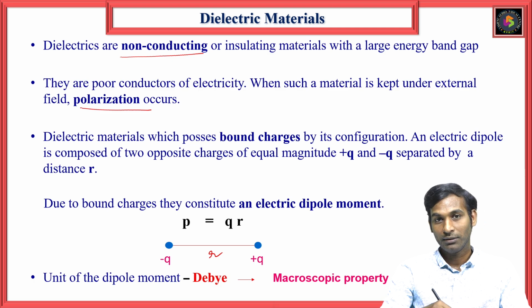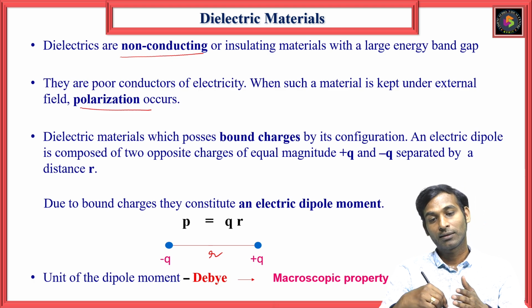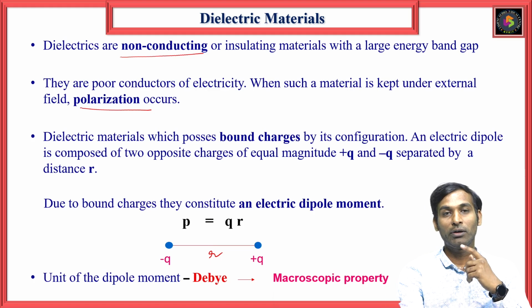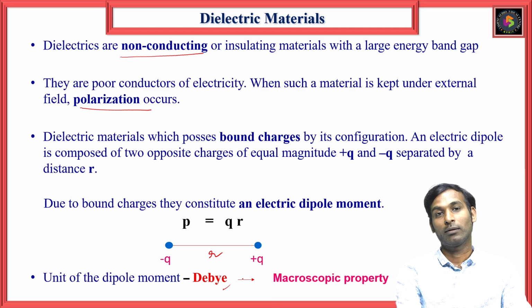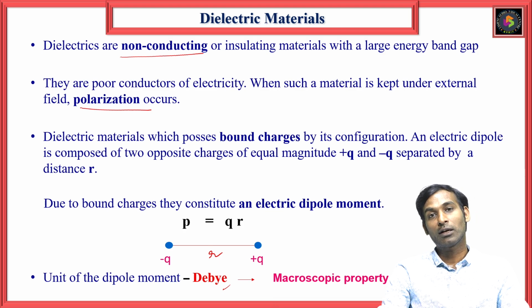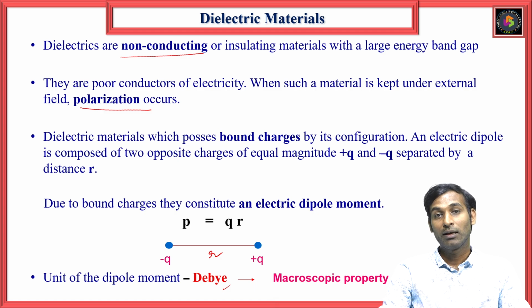When such material is kept in an external electric field, polarization will take place. The unit of dipole moment is the debye. It is a microscopic quantity. That means the interaction of electrical energy with matter is determined by the electromagnetic properties of the material. That is very important in the dielectric unit.